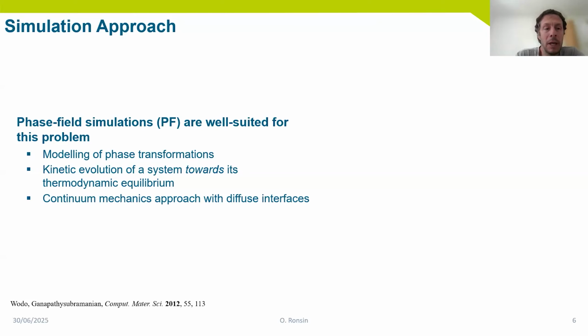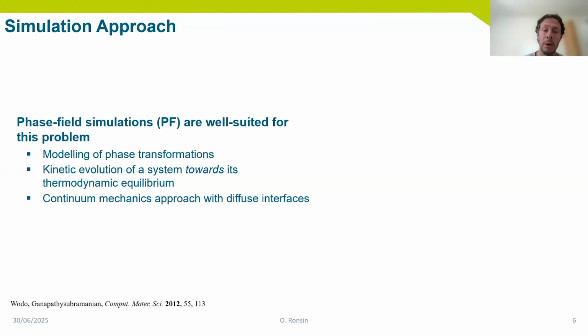So what we do here, we have a modeling of phase transformations, which we encode in a free energy functional. And then we use kinetic equations to describe the kinetic evolution of the system towards its thermodynamic equilibrium. Knowing that in our case, in general, the thermodynamic equilibrium is never reached because the system is kinetically quenched before it reaches it.